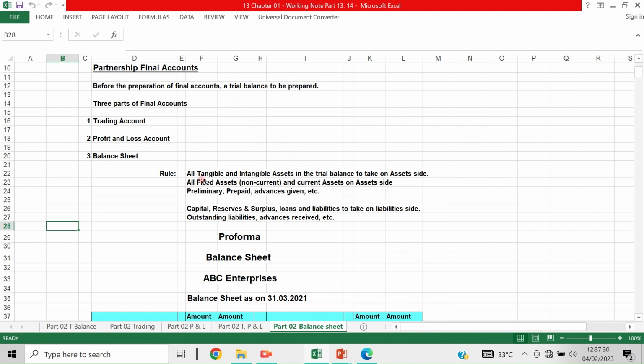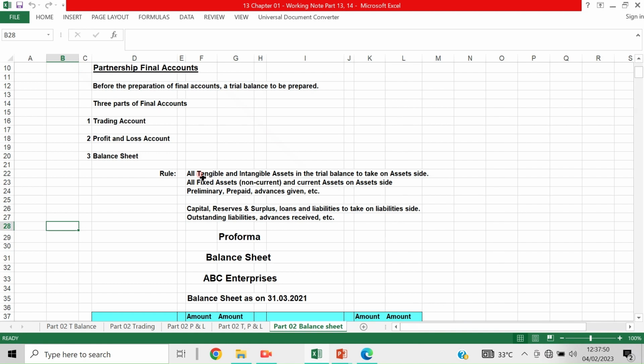Okay, you must understand the rule. Once you understand the rule, you can prepare a balance sheet very easily.